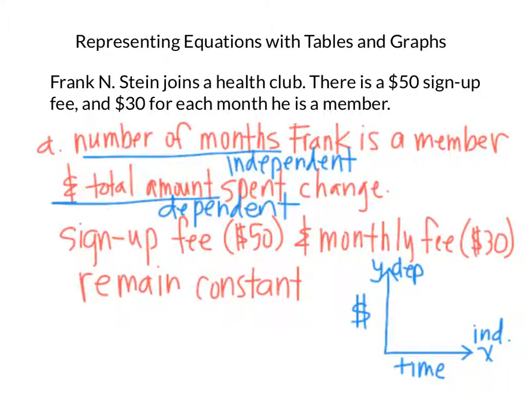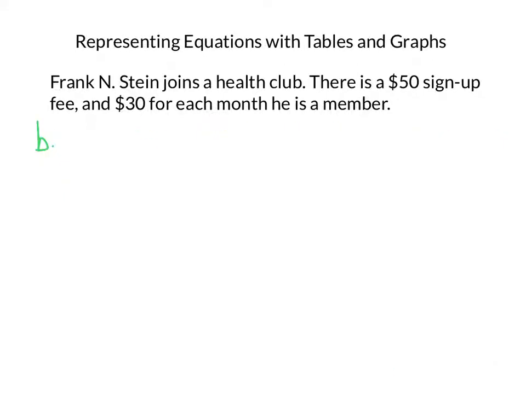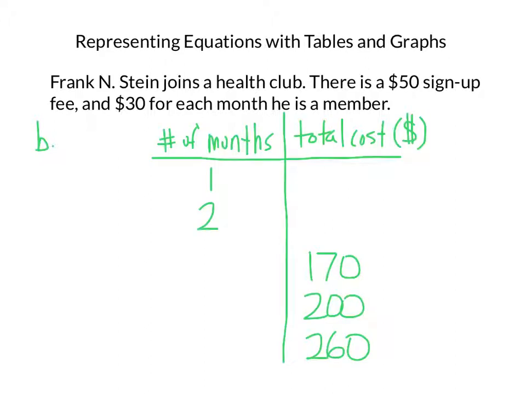Part B wants me to create a table of values to represent the total cost if Frank is a member for 1 month or 2 months, or spends $170, $200, or $260. So for 1 month, we know it's going to be that $50 charge plus $30 for 1 month.